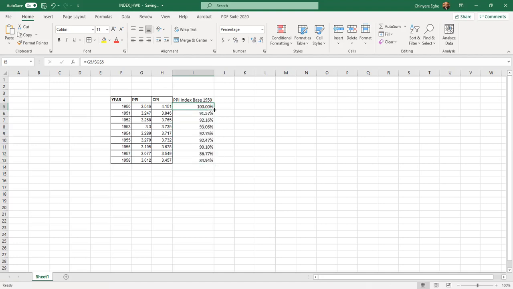Okay, we can do that also for the CPI, base 1950. All right, so we say equals H5 over $H$5.